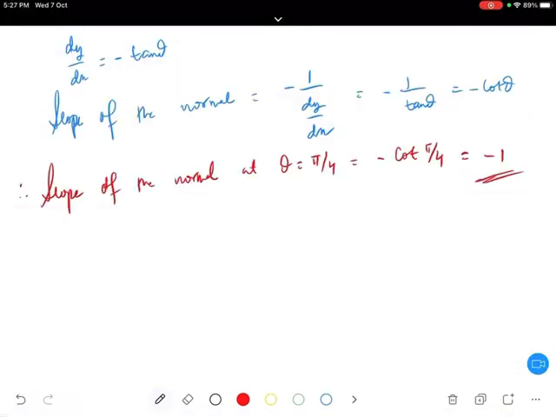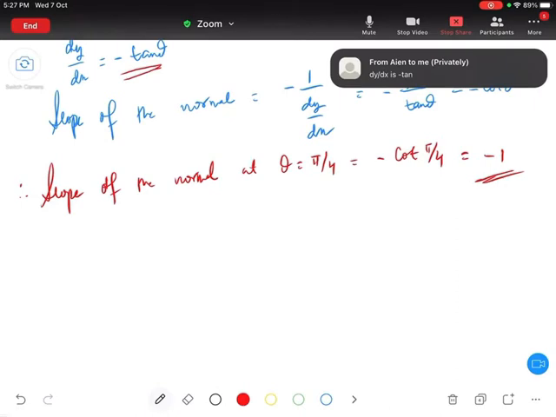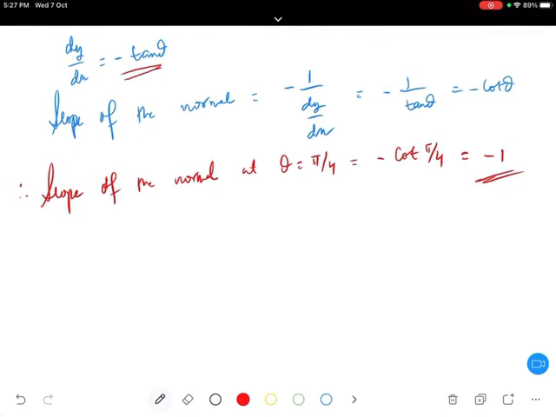What are you telling, Mariani? So it's minus tan theta. Achha, this one. dy/dx is equal to minus tan theta. Wait a second, let me check. Acha, yes. Sorry.